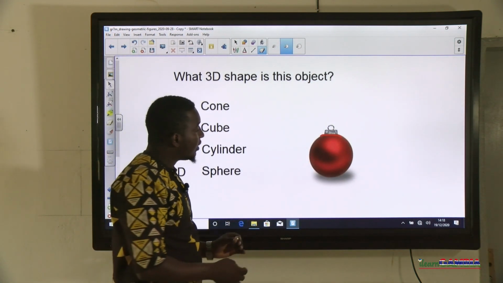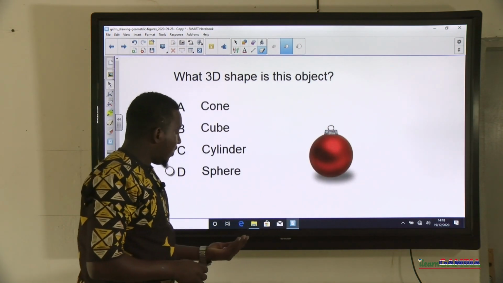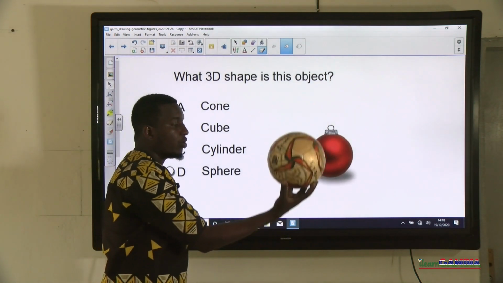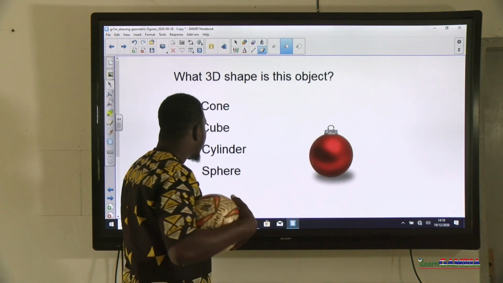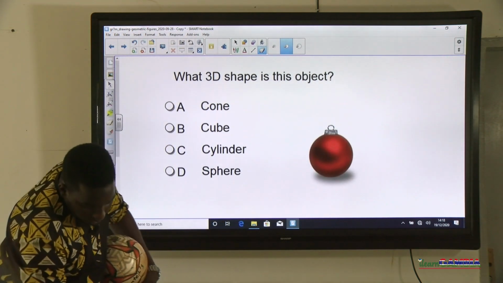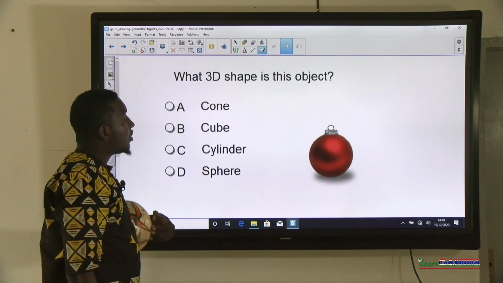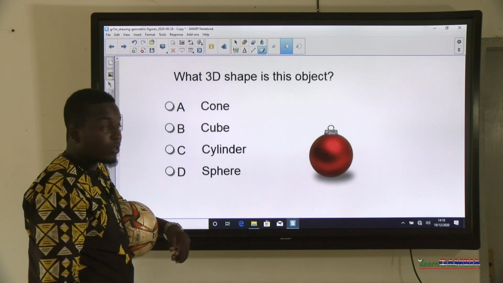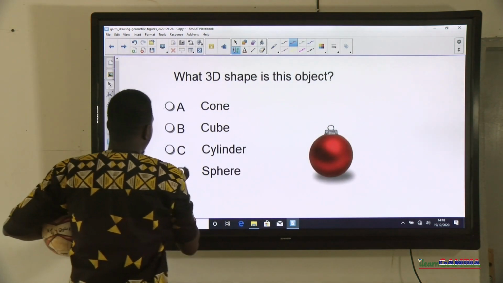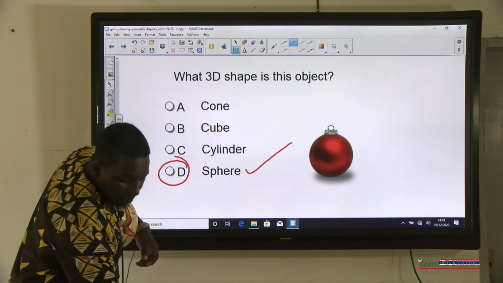We are considering the object being perfectly round. It looks like a ball because it is perfectly round, and we know that spheres are solid shapes that are perfectly round. Therefore, we can conclude that this object is a sphere, and the correct option to this question is option D.